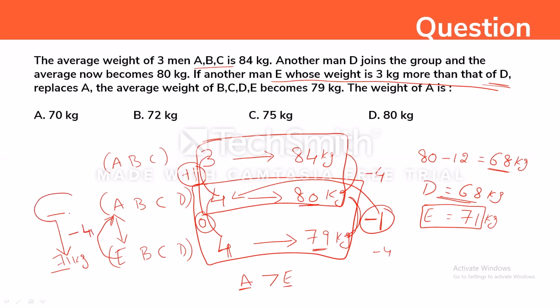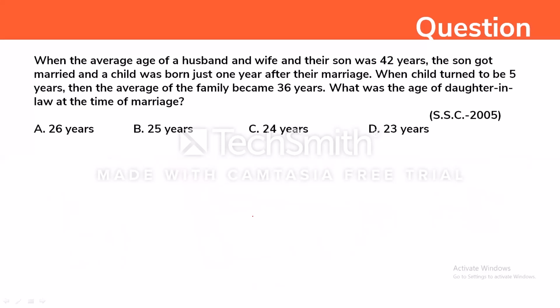From which value, if you decrease 4, do you get 71? Of course it is 75. Why? Because 75 minus 4 will give you 71. So I can say that A's weight is 75 kgs, and I hope you all are clear with this. So the answer is option C, 75 kgs. Are you clear about this? Yes.